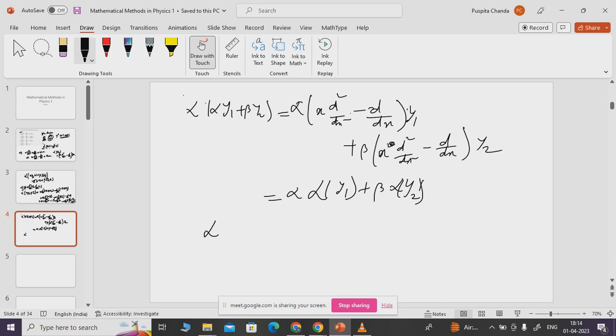So we can say that the operator is linear, and L y(x) is linear.